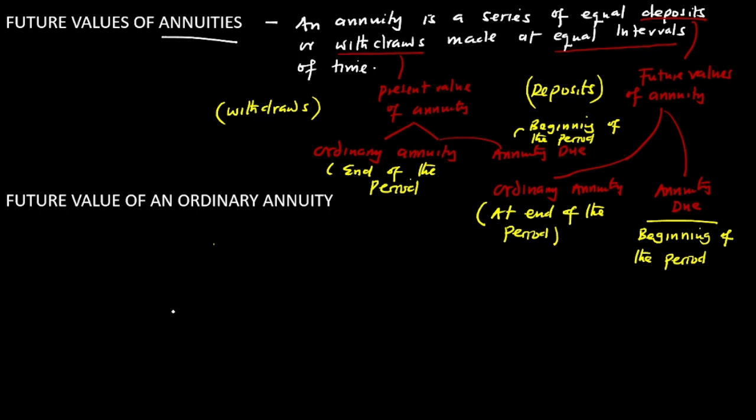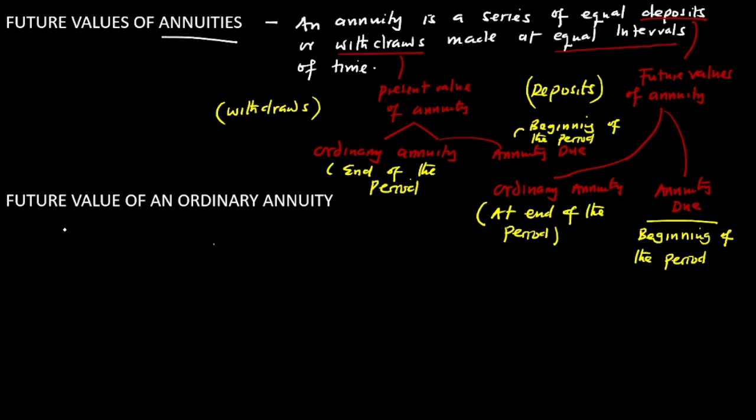So we shall say that the future value of an ordinary annuity is the value that a stream of expected or promised future payments will grow to after a given number of periods at a specified rate.